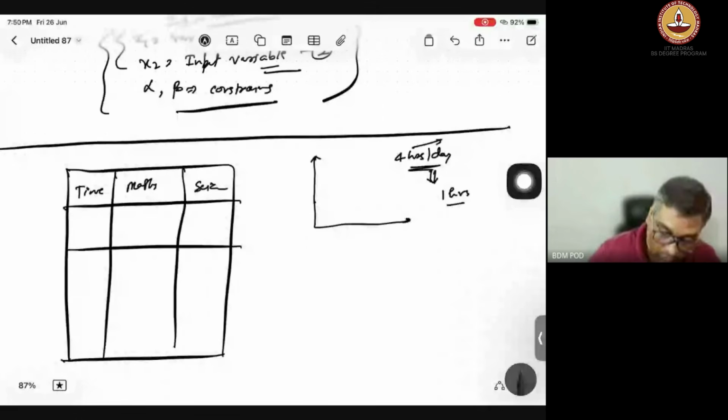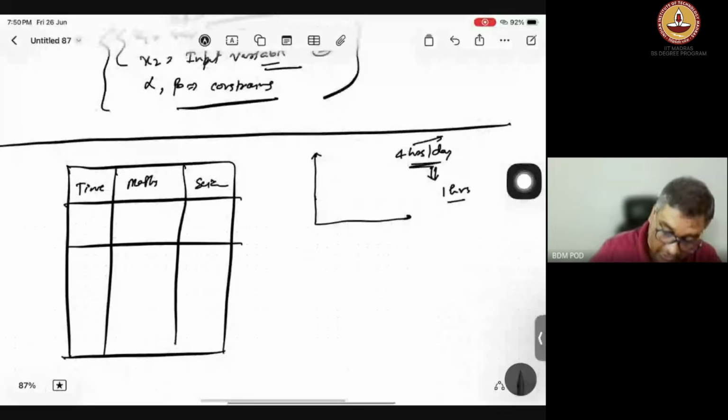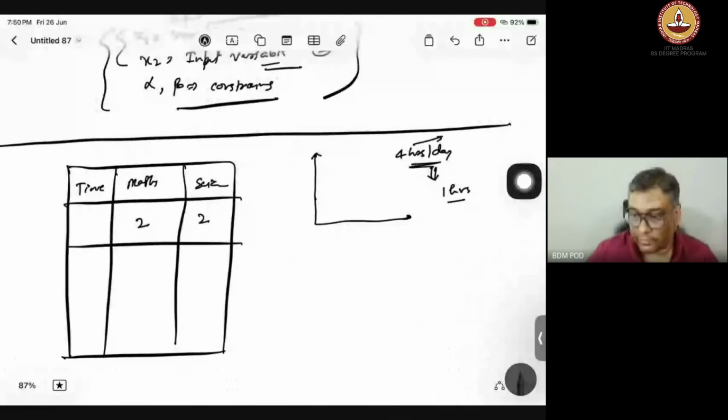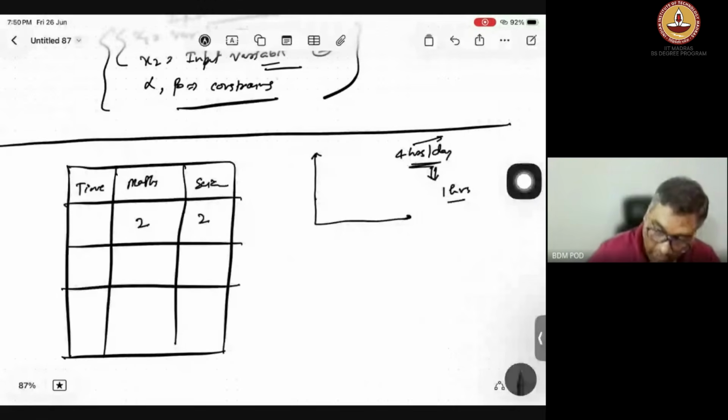First, he has the options, right? He can study equal time, 2 hours for both. What other option does he have? He can study 1 hour and 3 hours, or he can give 3 hours and 1 hour.